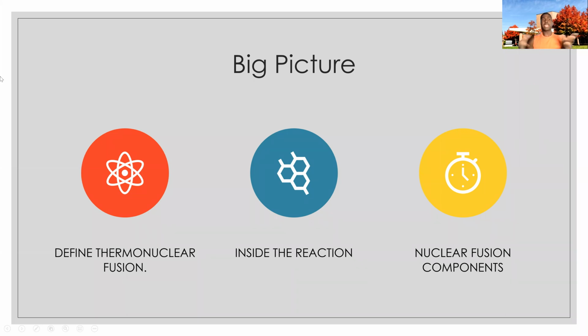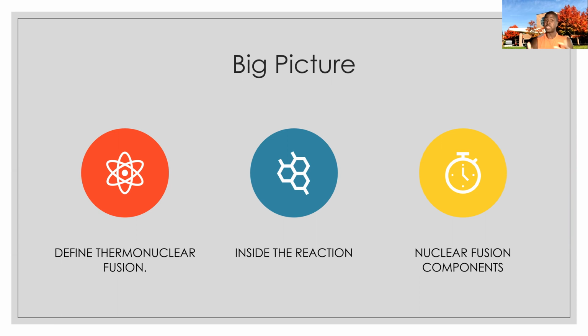All right, so big picture. For this week's topic, I split it off into 3 important components. First, defining what thermonuclear fusion is and how it's applied to the practical application of a hydrogen bomb or atomic bomb or thermonuclear bomb. So first, we're going to go over some terminology.